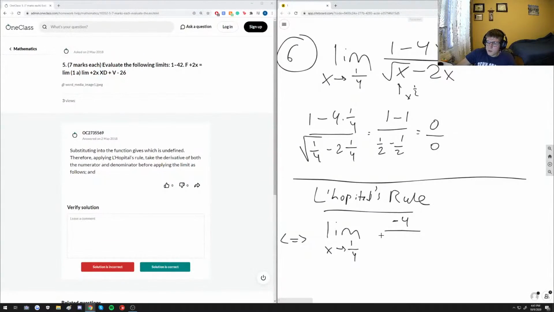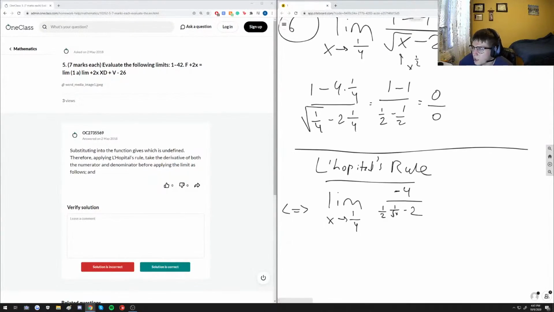Taking the derivative gives 1/2 x to the minus 1/2, and then minus 2, the derivative of minus 2x. I'm going to write x to the minus 1/2 as 1 over the square root of x, and then minus 2.